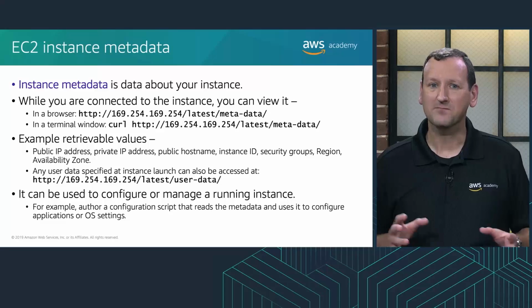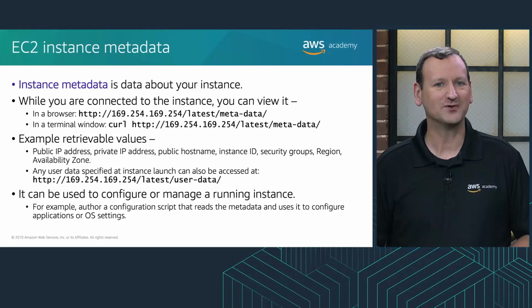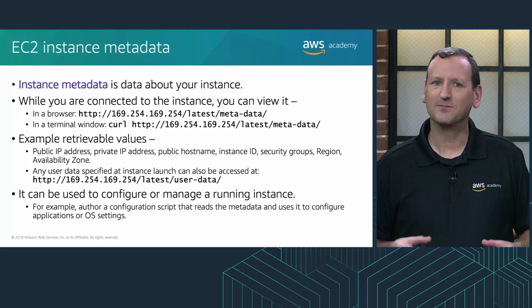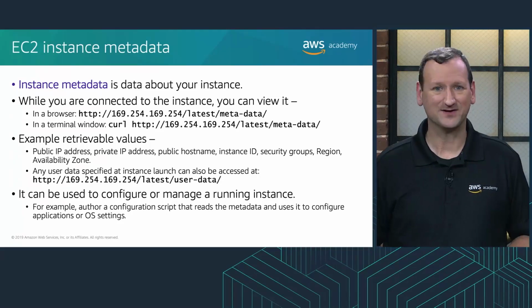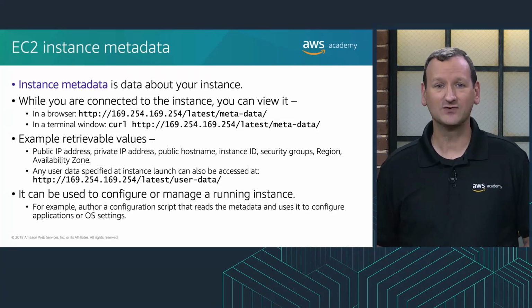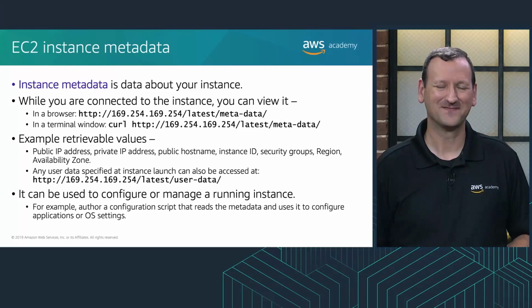Instance metadata provides much of the same information about the running instance that you can find in the AWS Management Console. For example, you can discover the public IP address, private IP address, public host name, instance ID, security groups, region, availability zone, and more.